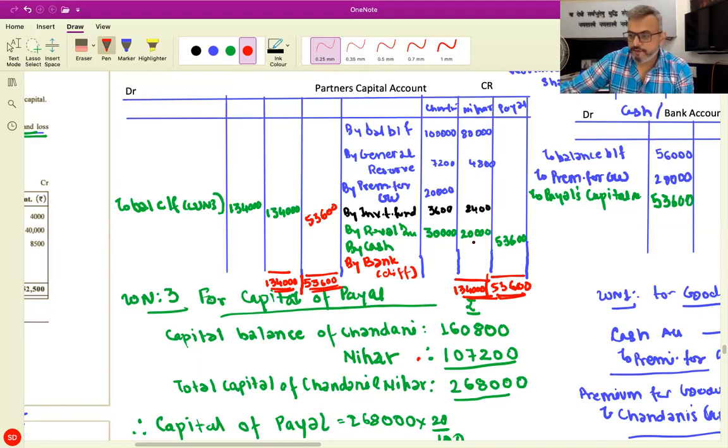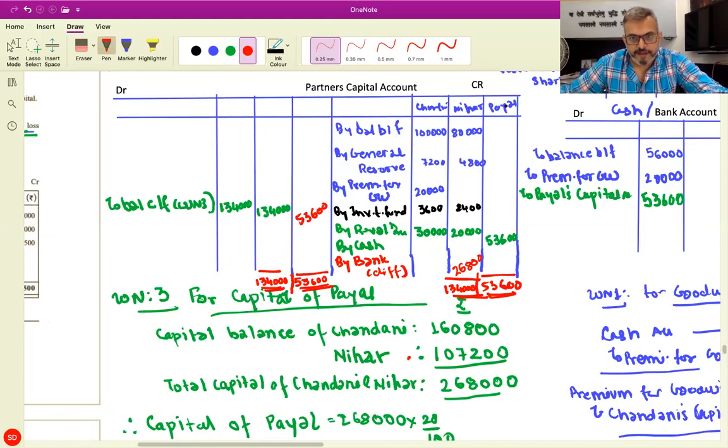Okay, now the difference comes to 1,34,000 minus 1,07,200, which comes to 26,800. So you write over here 26,800 by bank. Now, whenever you write by bank, immediately give the second effect.